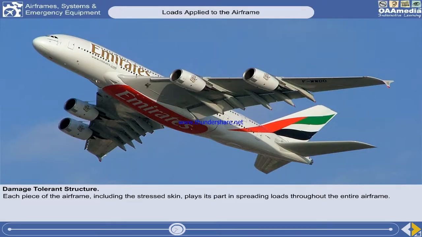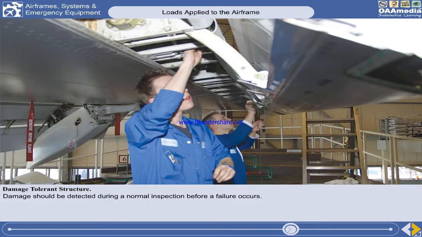These damage-tolerant structures eliminate the extra structural members needed in a fail-safe design by spreading the loading of a particular structure over a larger area. Damage-tolerant structures are designed to withstand a certain amount of damage, which again should be detected during the normal inspection cycle before a failure occurs.